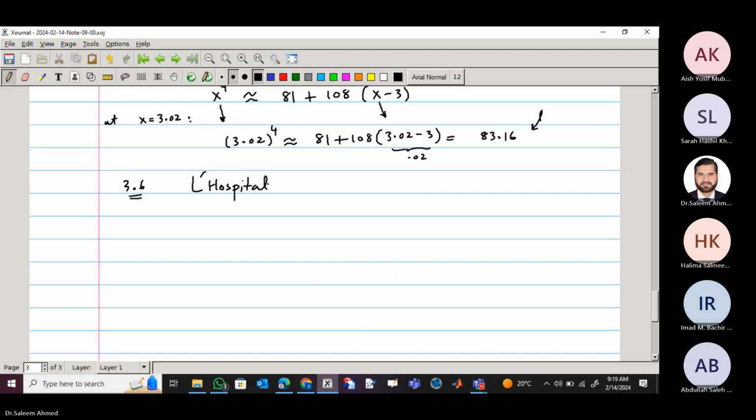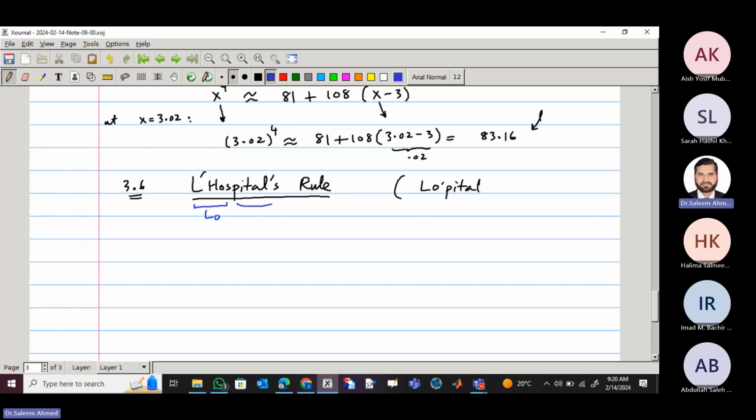It is L'Hopital's rule. Basically, we pronounce it as LO, low, and Pital rule. We don't call it L'Hopital. The LHO is low from here to here. It is like low, and then we say Pital, L'Hopital rule.